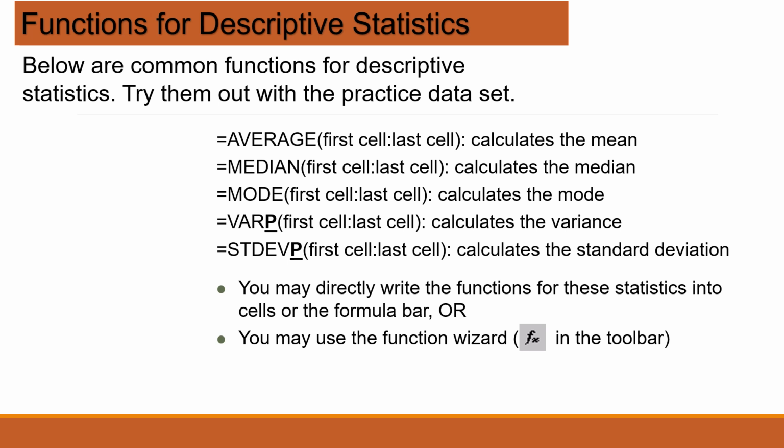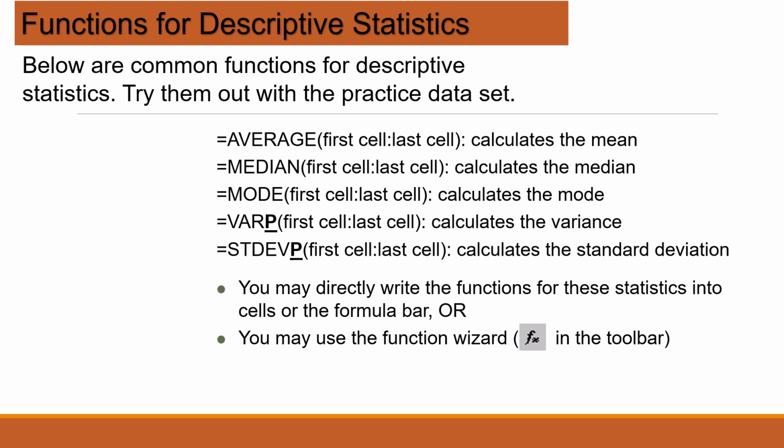So we write equal sign average, then in the parentheses we write the first cell, colon, last cell. That is the first cell where the data start, and then the last cell where the data stop. By writing this, we are telling Excel to calculate the mean from the first cell to the last cell.